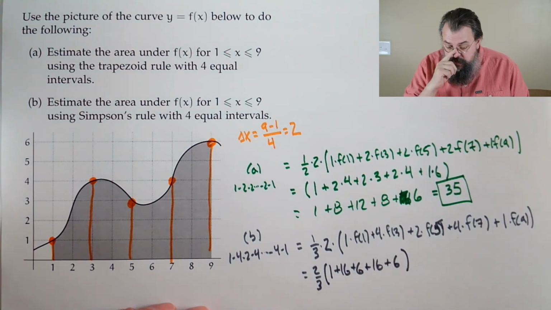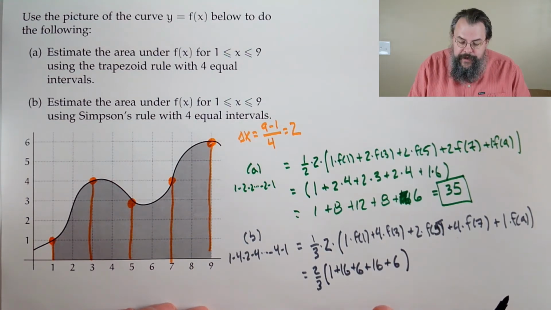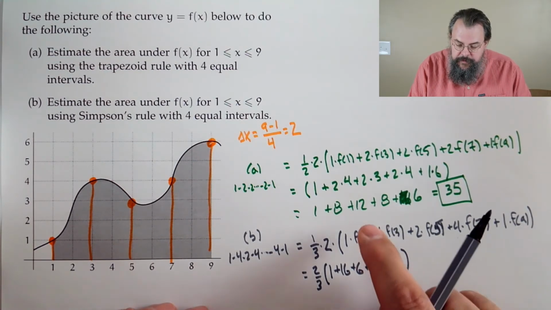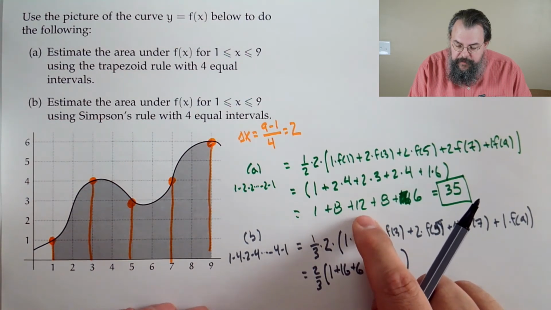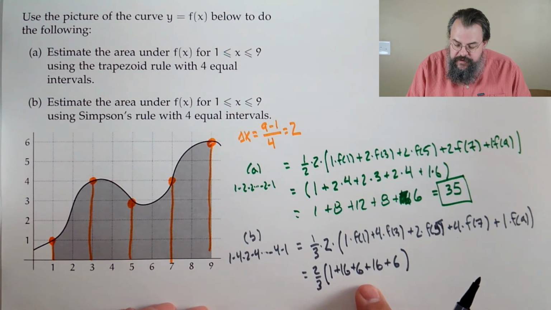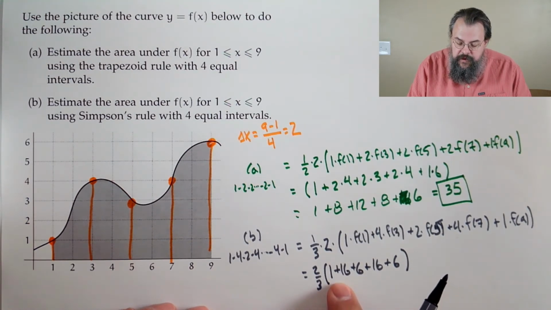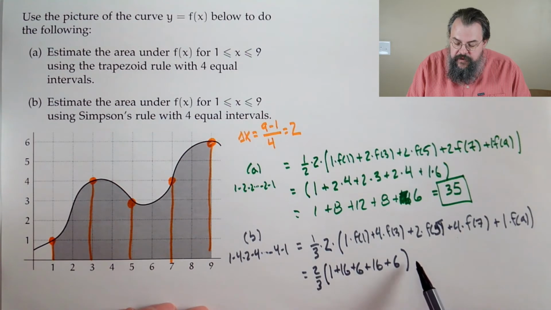All right, great. Well, so now we add. Okay, good. Something seems suspicious to me. I'm going to come back to that. I think I made an error up there. Let me finish this one here. 16 plus 6 is 32, plus 32 makes 64, plus 1 more makes 65.